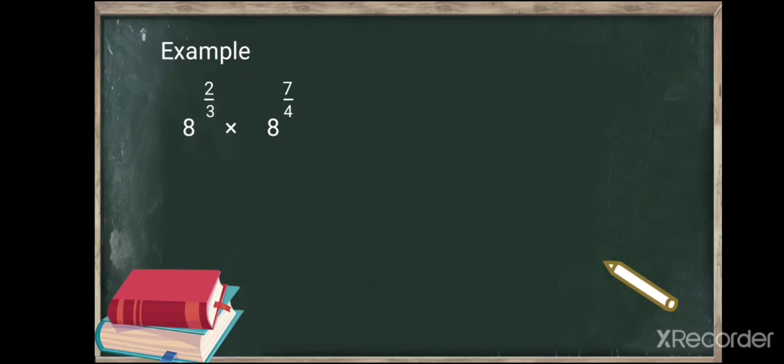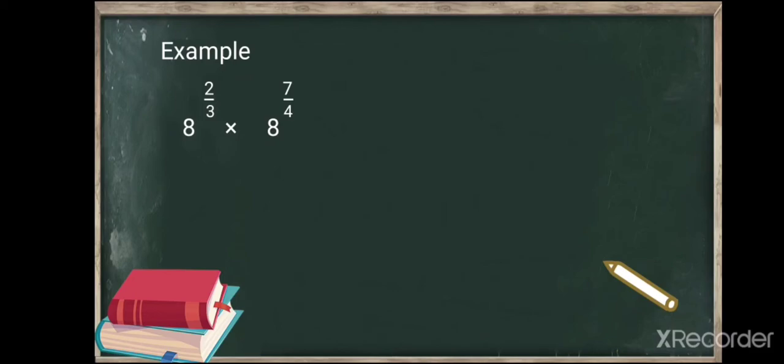Now in this question, you can see index values are rational numbers. So let us apply some laws for addition and subtraction of these rational numbers. So by using all these laws, we will solve this question. Here you can see bases are same, but there is a difference between index numbers.